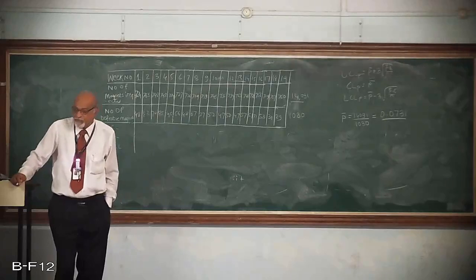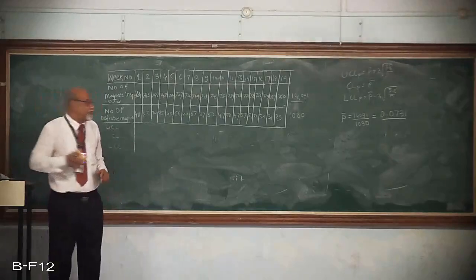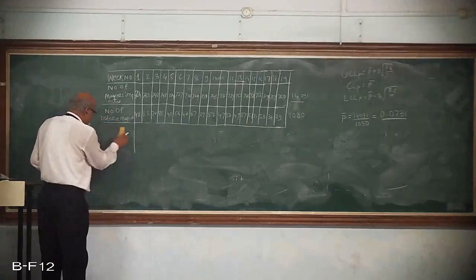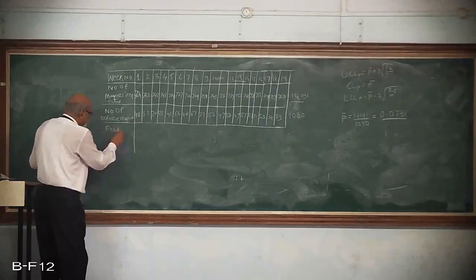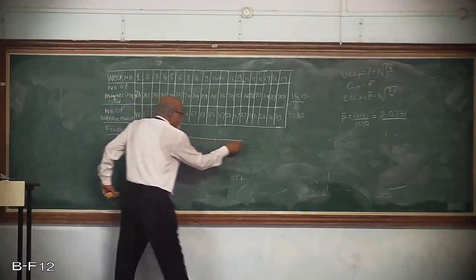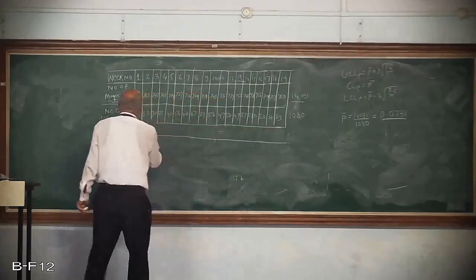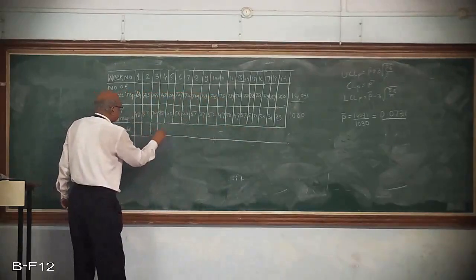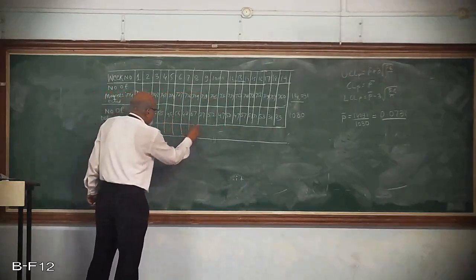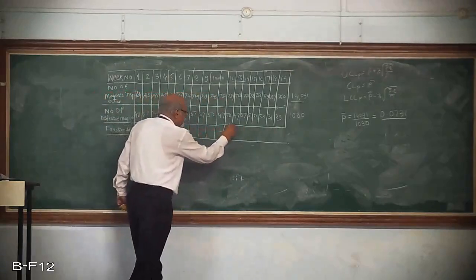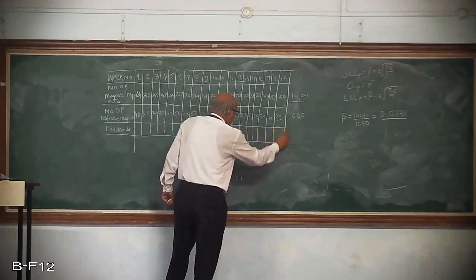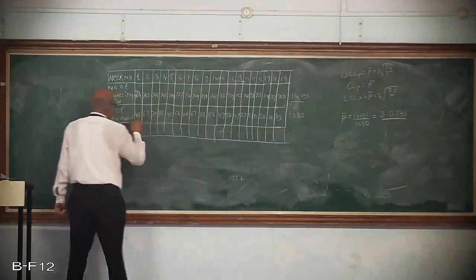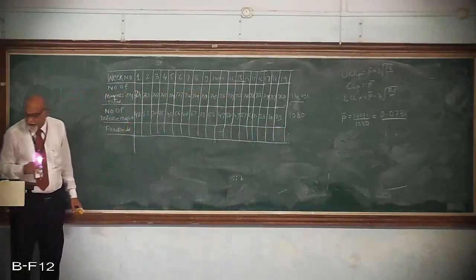Okay, P bar, how we can find out. So let us do that one. Before doing all these things, we calculate the fraction defective. That means fraction defective for this one is 48 divided by 724.